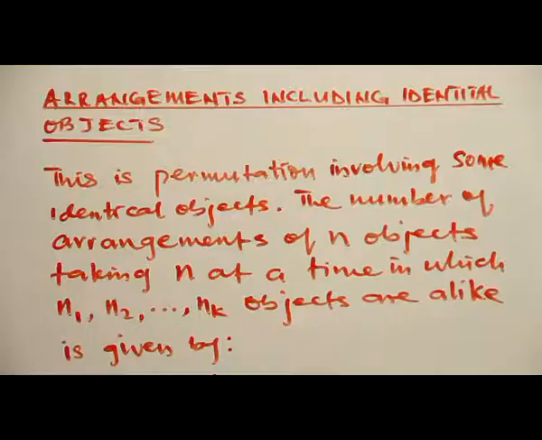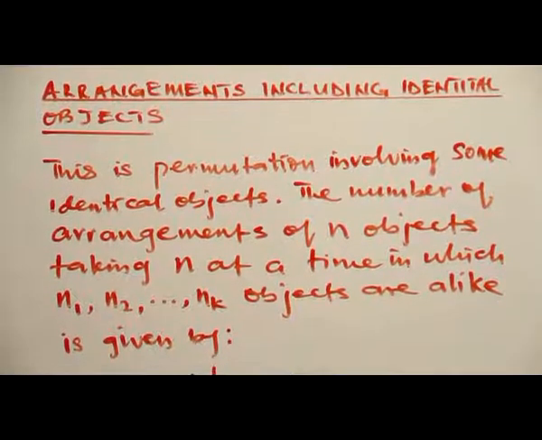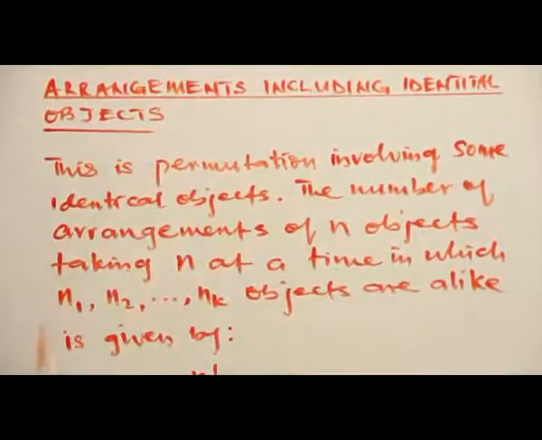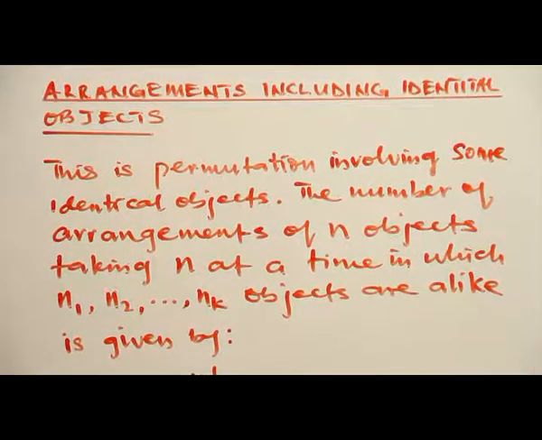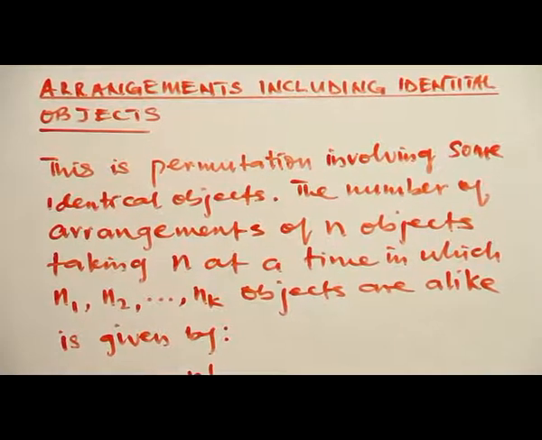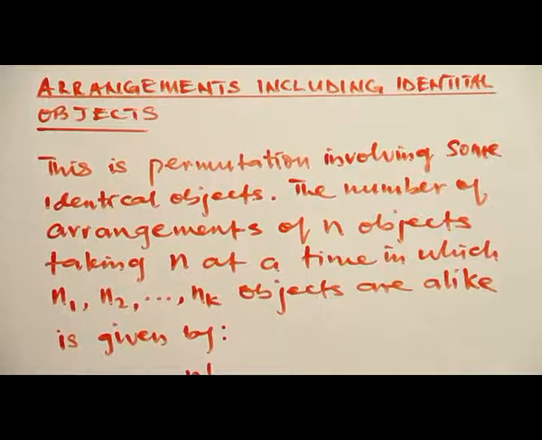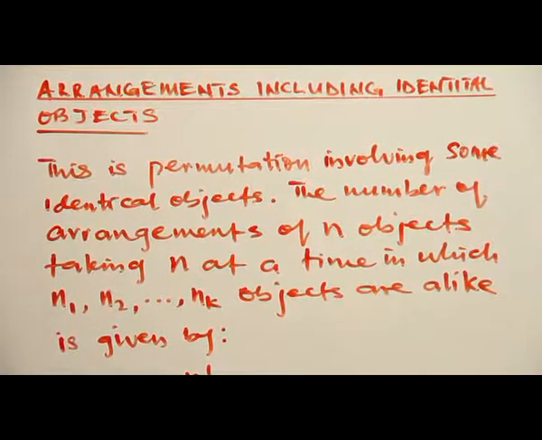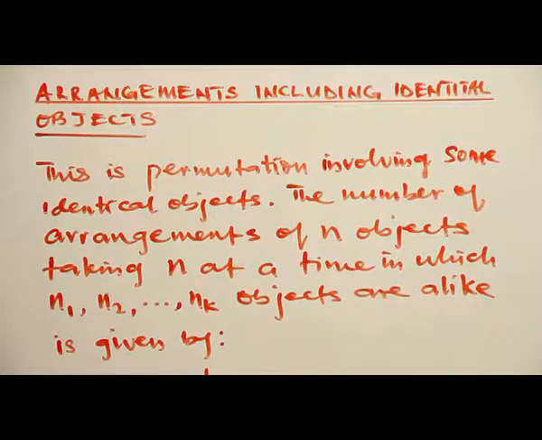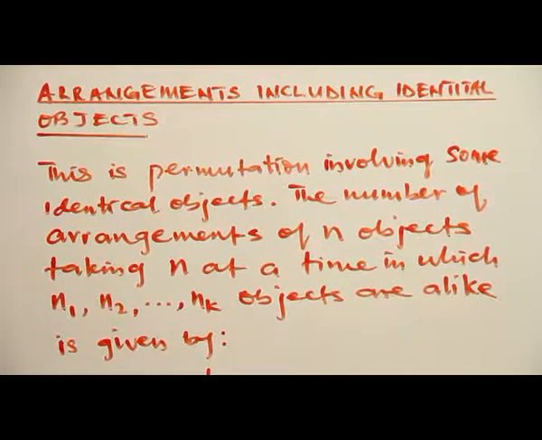Let us now look at arrangements including identical objects. In this case, we are looking at a situation where you have identical objects or indistinguishable objects or items. You can have a word such as statistics, and you discover that S appears in statistics more than once.